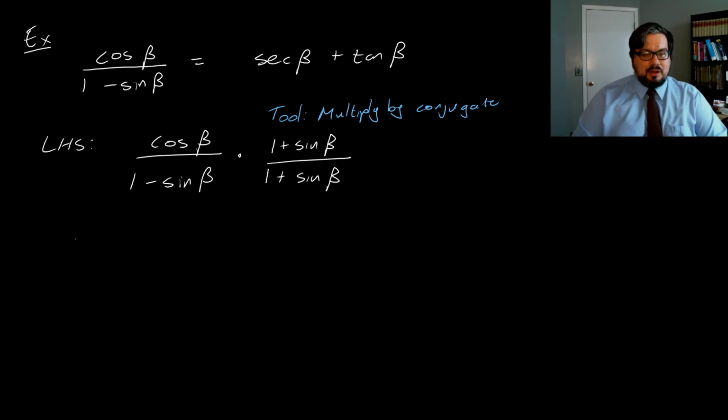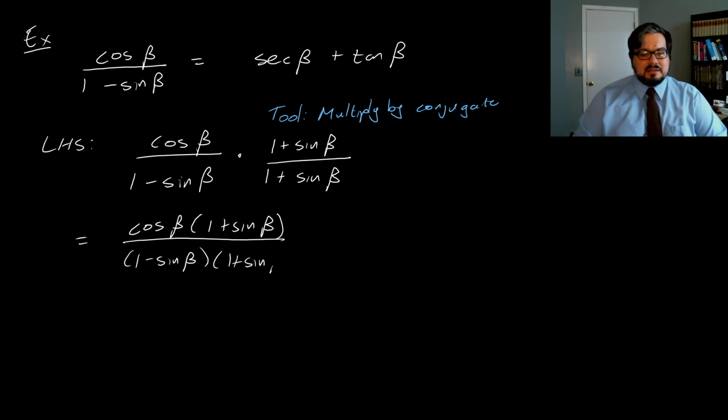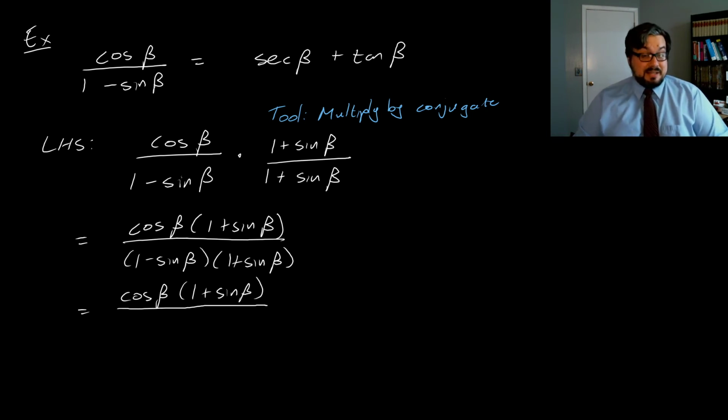And let's see why that helps us. We're going to get cosine of beta times 1 plus sine of beta over 1 minus sine beta times 1 plus sine beta. Well, let's expand out the denominator. Last time I said expanding out the denominator wasn't going to be helpful. This time it is.